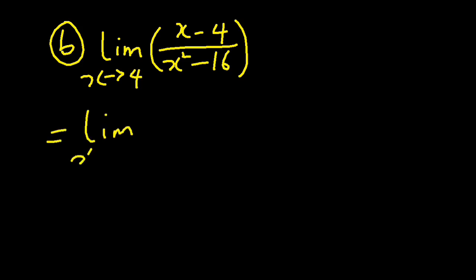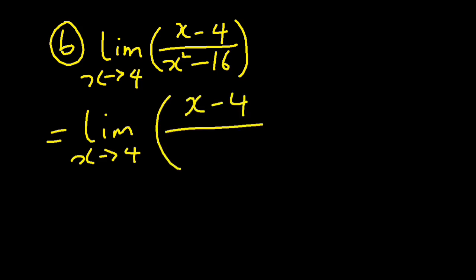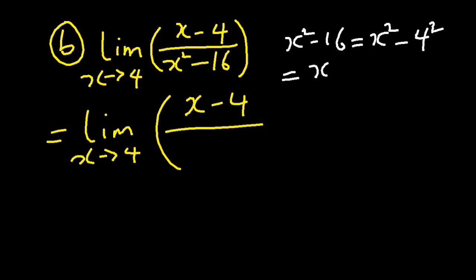So we have the limit when x tends to 4 of x minus 4 over, look at the denominator. This is an example of difference of 2 squares. So x raised to power 2 minus 16 is also equal to x raised to power 2 minus 4 raised to power 2, which is x minus 4 into x plus 4.